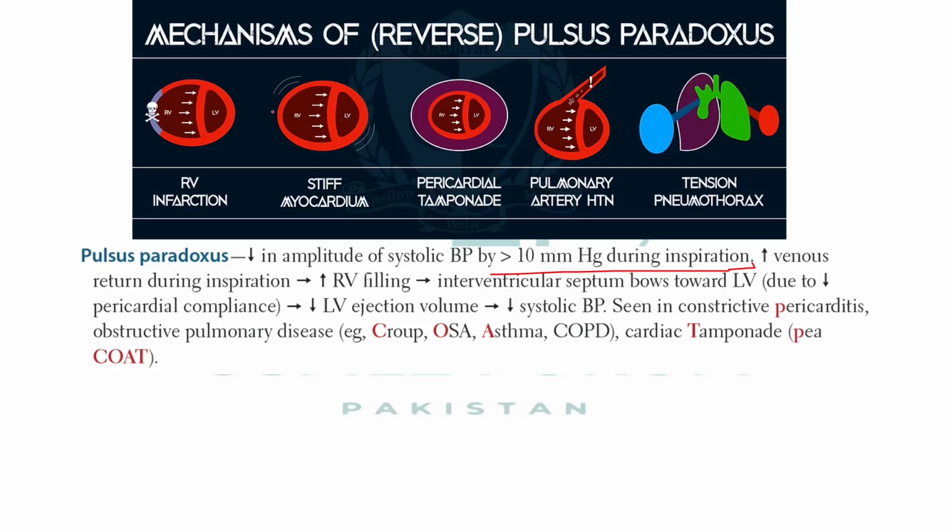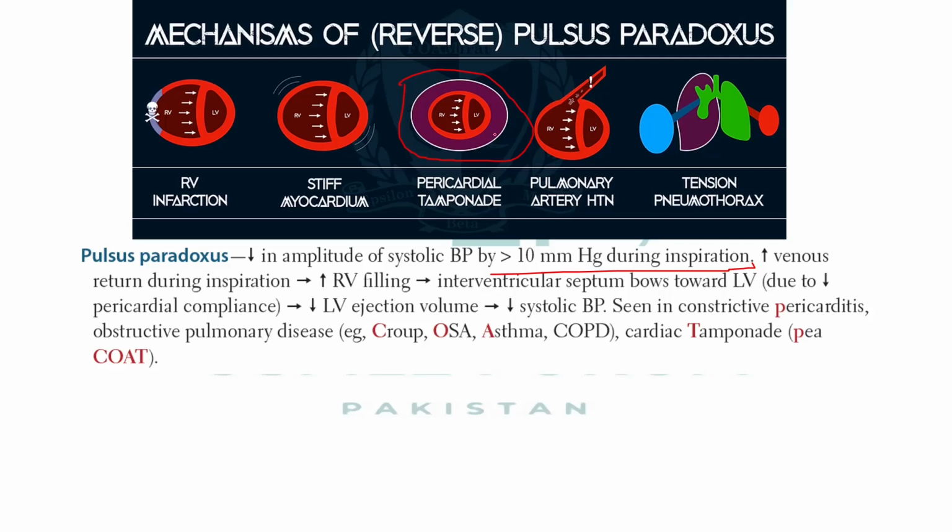So basically, what this picture shows is that if there is any sort of pathology surrounding the heart or restricting its action, then when you're inspiring, more blood is coming into the heart, right? Thoracic pressure decreases, volume increases, so more blood is coming into the heart.